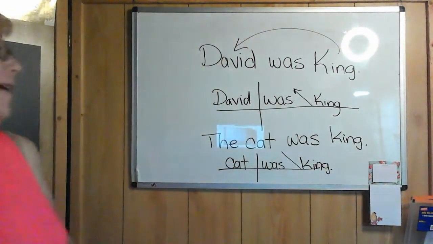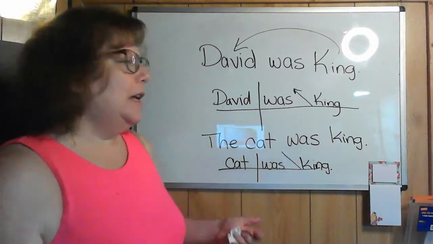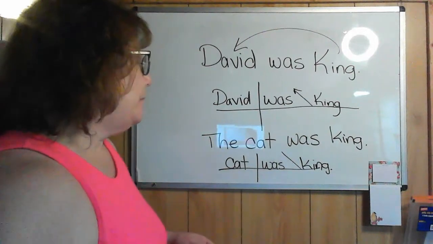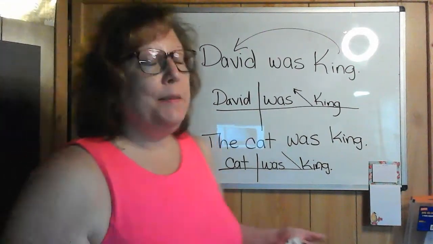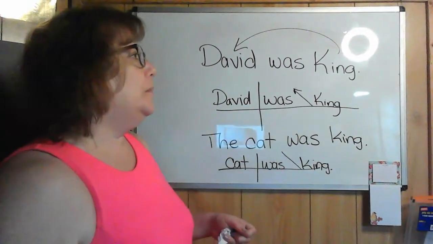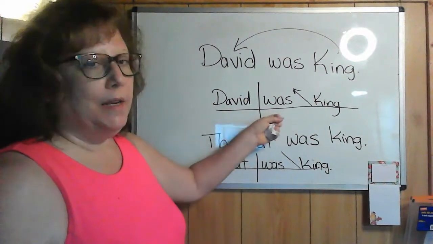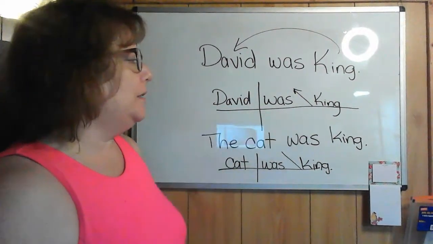Or if I had David is king, or if I had the cat is king, is would go there. Also, I could say the cat has been king, and has been would go in here. David will be king, and that will go in here and indicate what he is going to be.